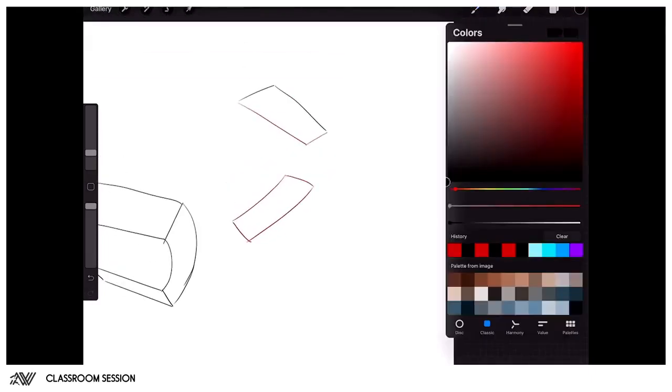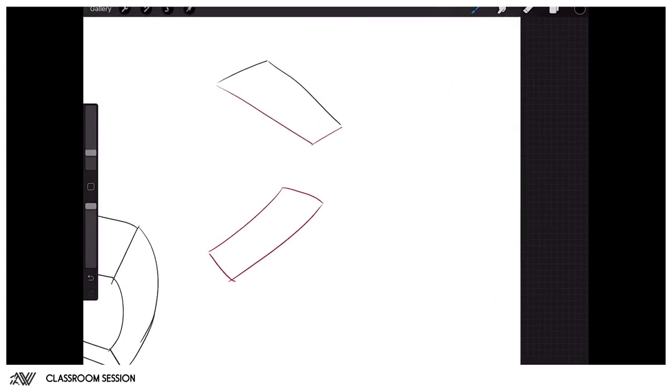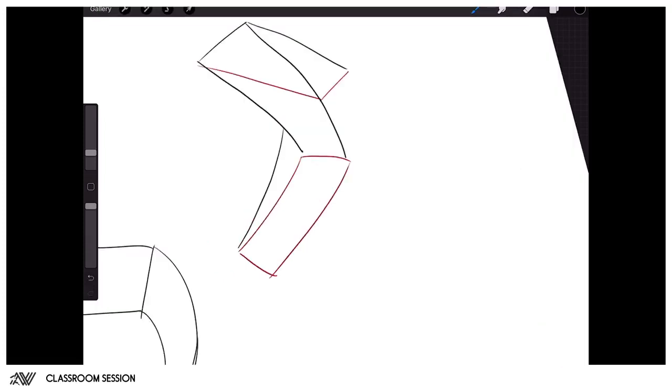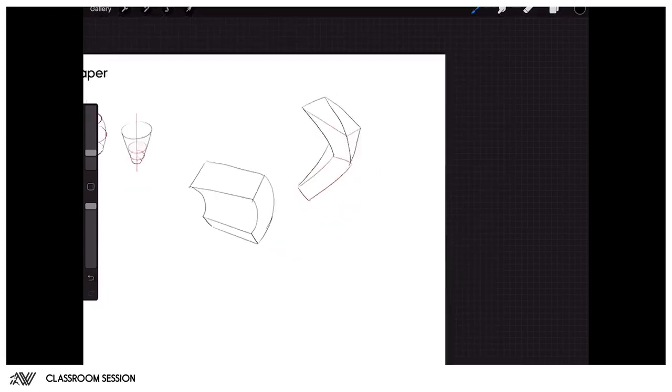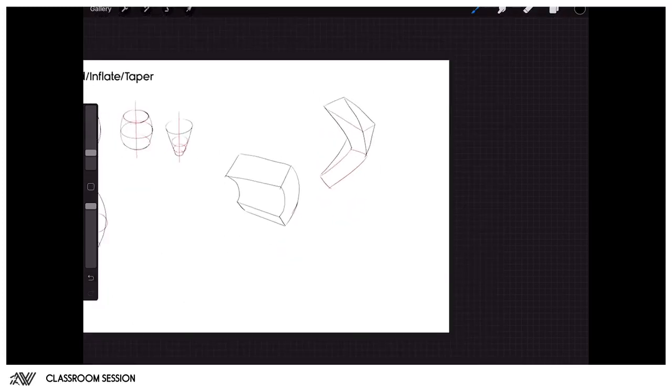And then we can start connecting that shape. Like this. So thinking about that, you can make it a little easier for yourself to draw these twisted forms.